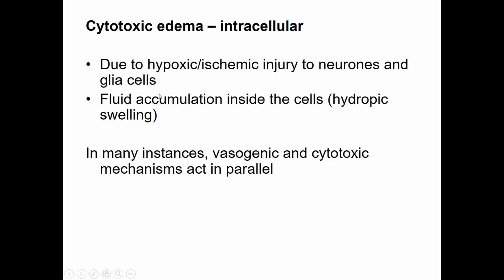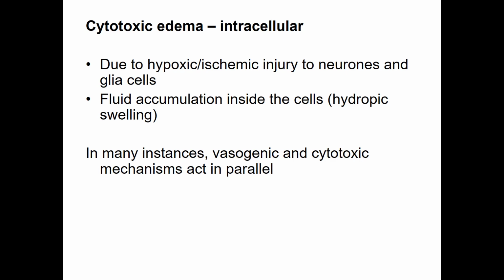in a rim-like manner. The other type of edema is the intracellular edema, which has a cytotoxic mechanism due to hypoxic ischemic injury to neurons and glial cells, and this is very much related to membrane dysfunction and impaired ion and water transport on the cell membrane.